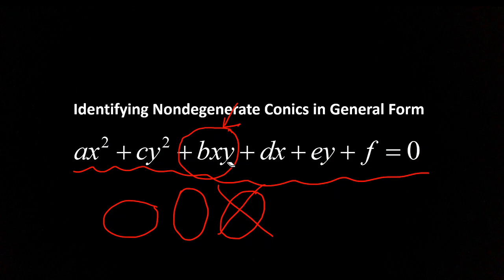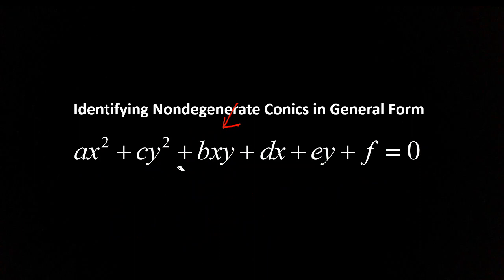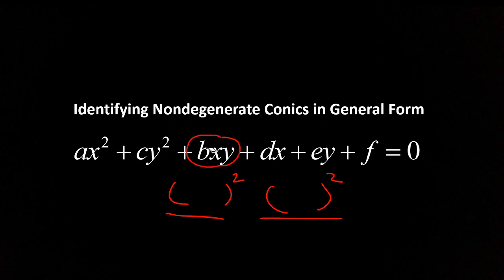So how do we deal with those? Well, we're not going to be able to convert it to these nice forms that we learned. You know why? Because of that xy term. We can't complete the square for x and y, because we don't have xy in completing the square, right? You complete the square like (x plus b) squared, we have x squared plus 2bx plus b squared.